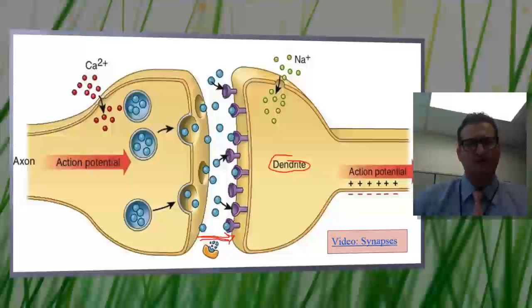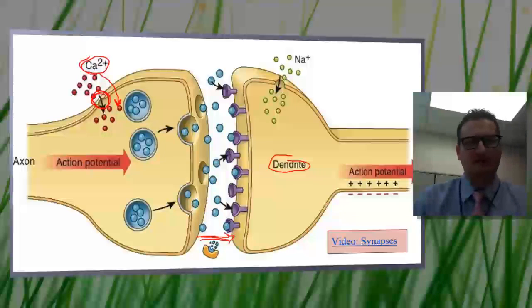So when an action potential reaches the synaptic knob, the membrane depolarizes, the ion channels open, but these ion channels allow the passage only of calcium instead of sodium. So you have calcium at the synaptic knob that rushes into the axon.